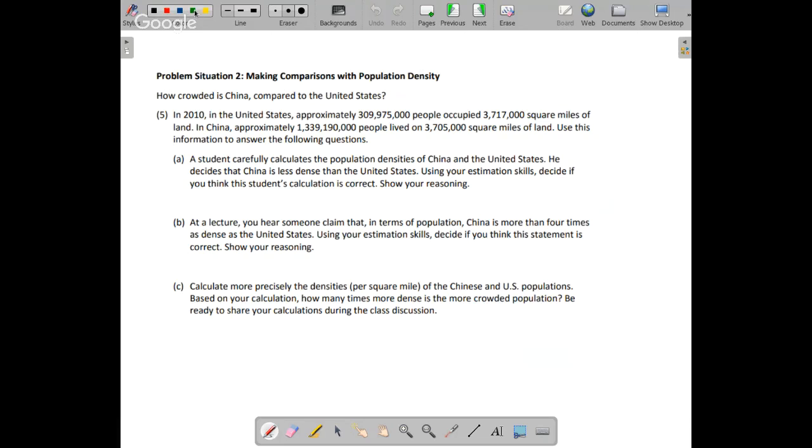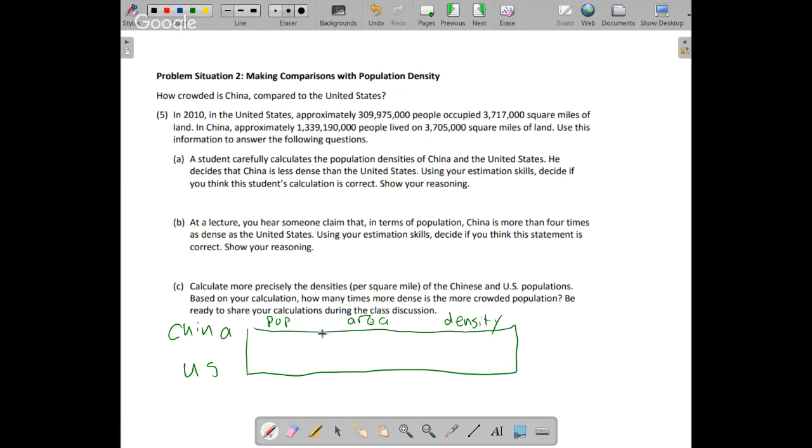All right, let's do these calculations. So on your calculator, you want to check out China versus the US. And for each of these, we're going to have a population. We're going to have an area. And based on the population and area, we can calculate density. All right, so basically, I can make a beautiful table out of this information.